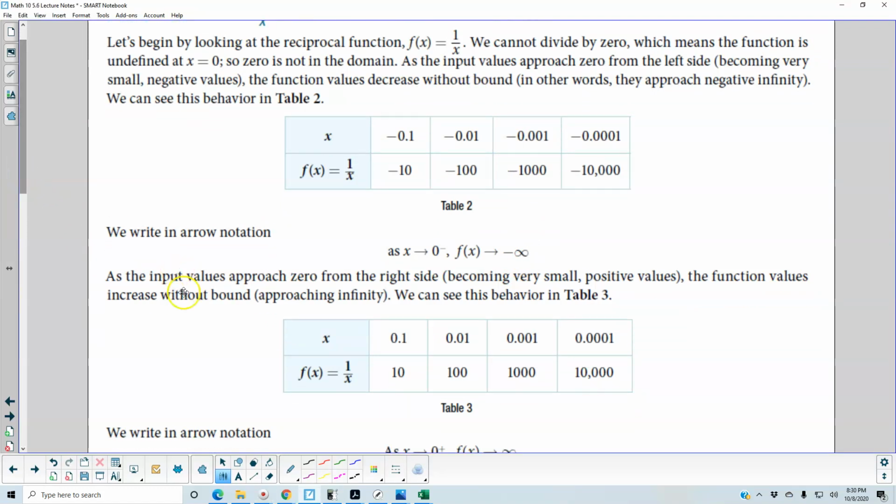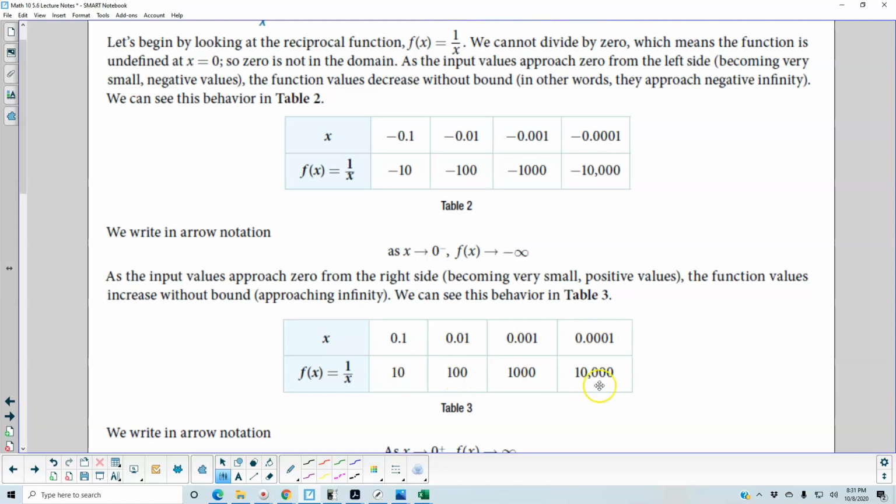Now, as the input values approach 0 from the right side, becoming very small positive values, the function values increase without bound, approaching positive infinity. So here, if we're using very small positive values, 0.1, 0.01, 0.001, 0.0001, the outputs are getting larger.